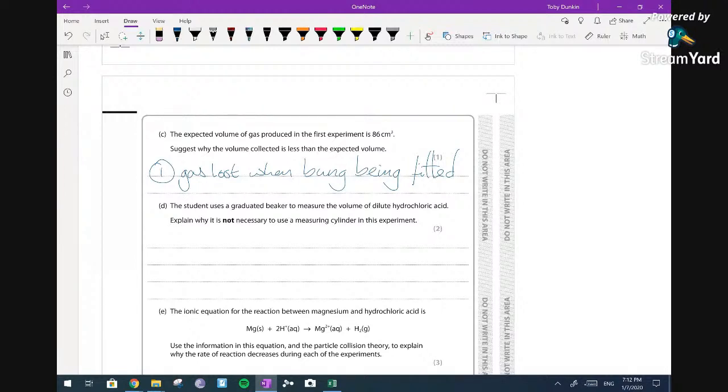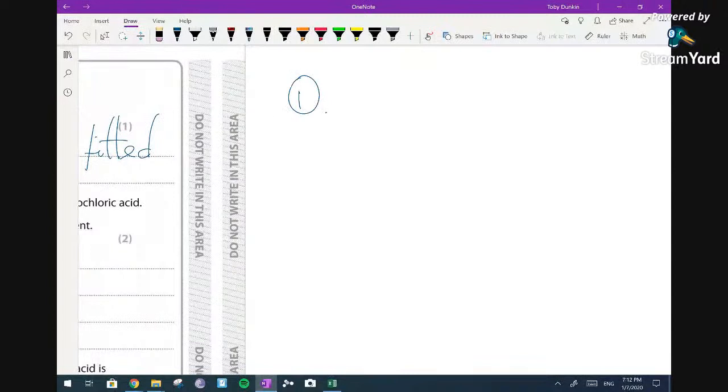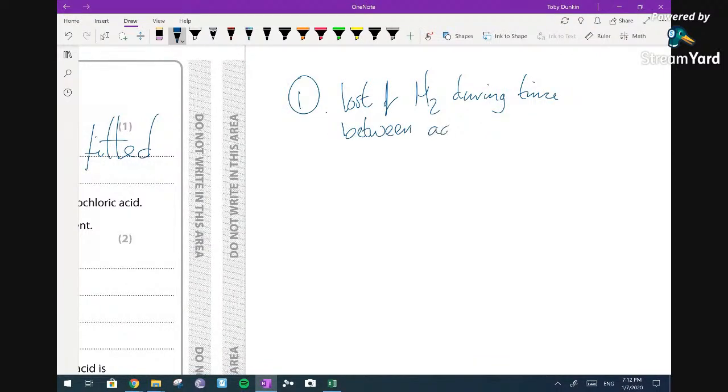The next answer, I'm going to go over here. So number 1, loss of H2 during time between adding magnesium, between adding Mg to acid, was it HCl? Yeah, it was.